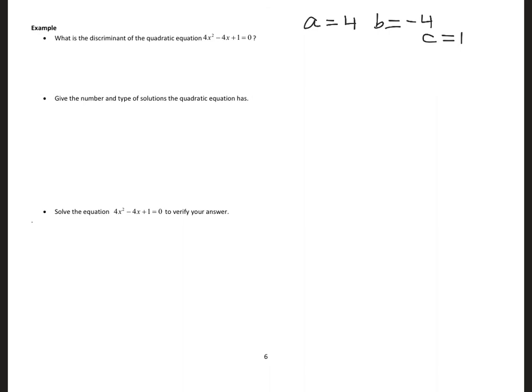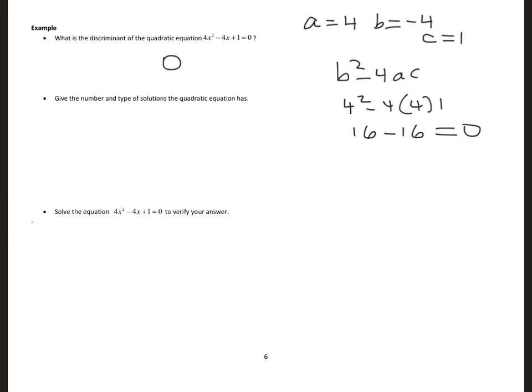So I do b squared minus 4ac. So this becomes 4 squared minus 4 times a times c. So this is 16 minus 16. So I get 0. So the answer here is 0.